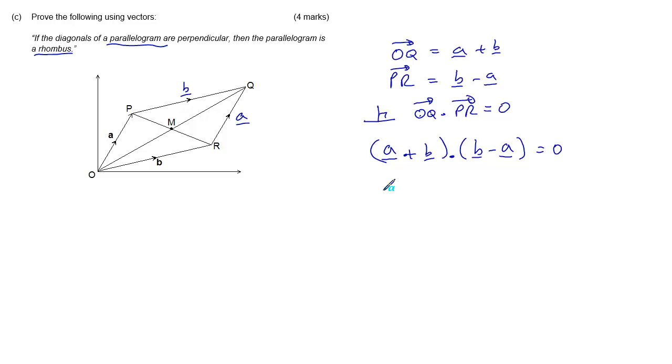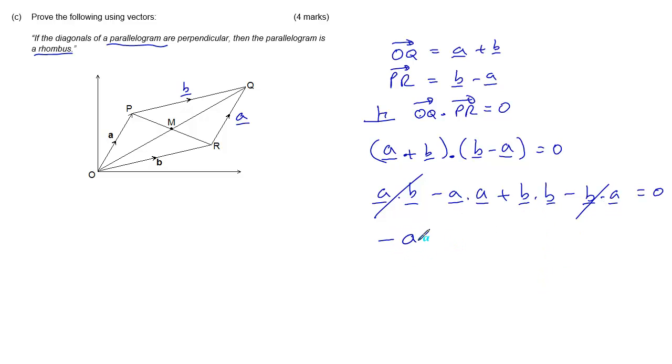So that gives me A dot B minus A dot A plus B dot B minus B dot A is equal to 0. Now A dot B is equal to B dot A, so those cancel.